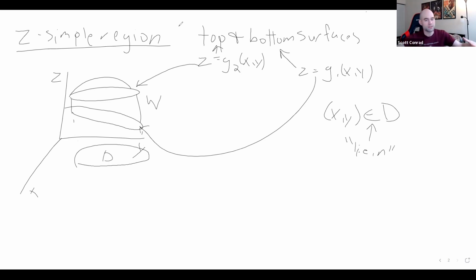So if you think of this region D in the xy plane, if you extend this in the positive and negative z directions, that kind of gives you the sides of your z-simple region. This is a really kind of a terrible illustration here, but top surface, bottom surface. And then for x and y, you project this guy down to the xy plane, and that is where we say x and y live.